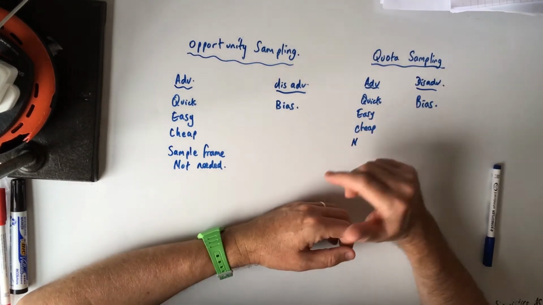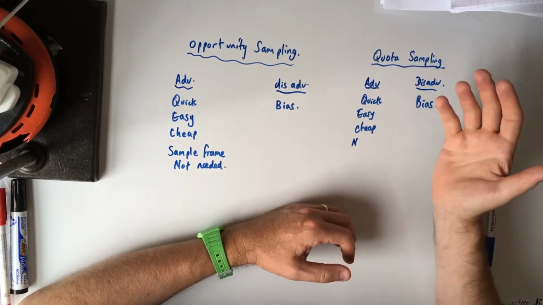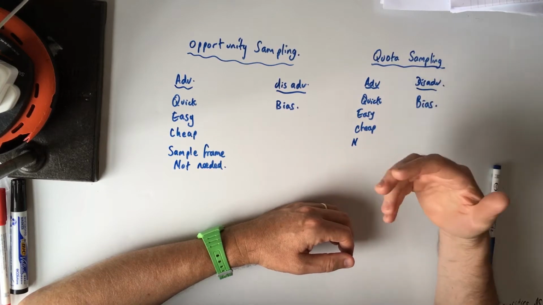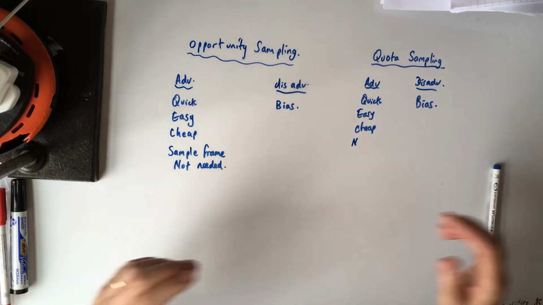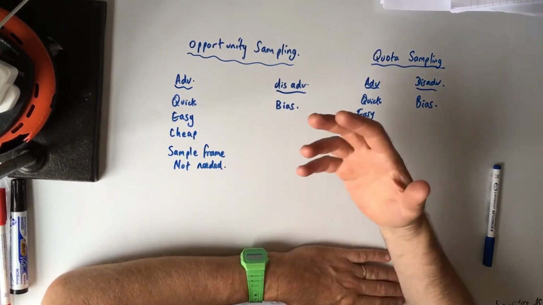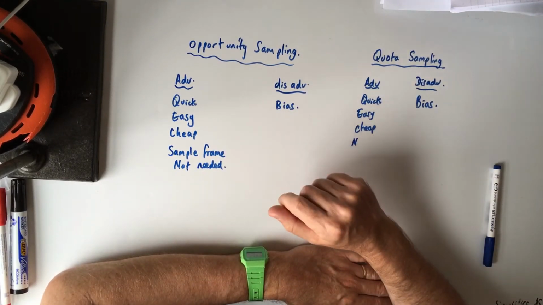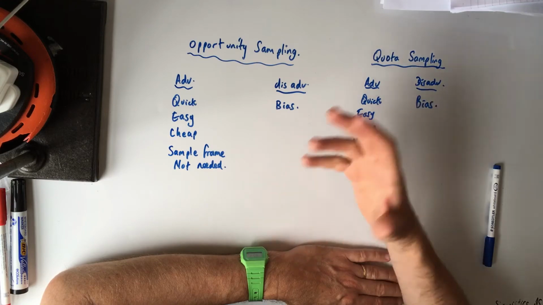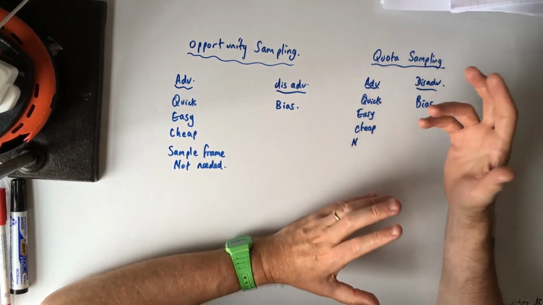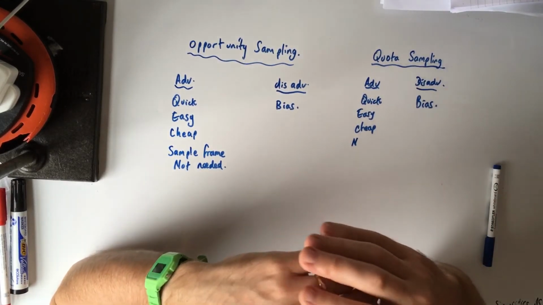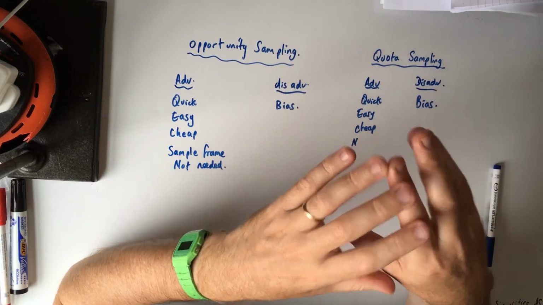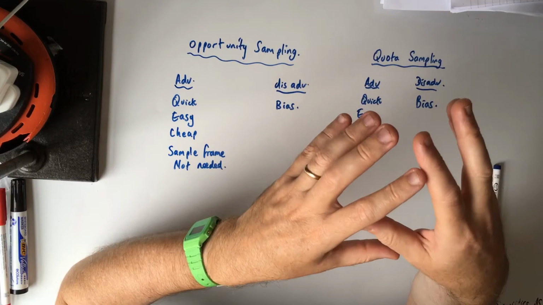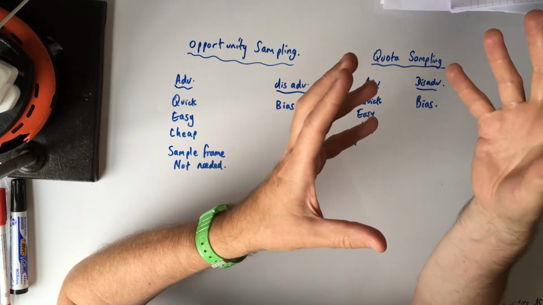So that is quota sampling, and it says give one advantage of this. The advantage is that it's just quick and easy and they don't need to know all of the things. But a disadvantage, of course, is that it's biased, because certain types of animals, say they want to look at the weights of female deer, only certain females may come out at a certain time.